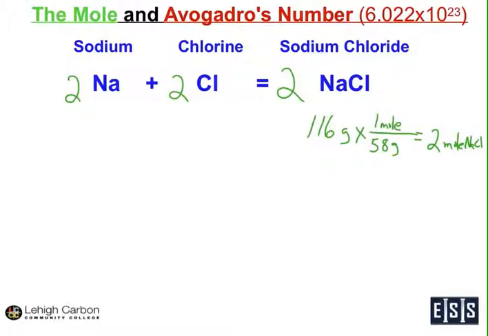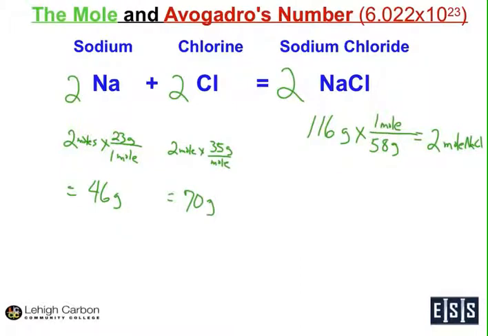We know that there are 23 grams in 1 mole, so that means we need 46 grams of sodium to make this table salt. And since we need 2 moles of chlorine, and chlorine weighs 35 grams per mole, then we need 70 grams of chlorine.